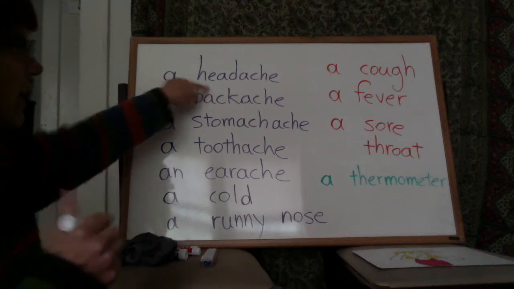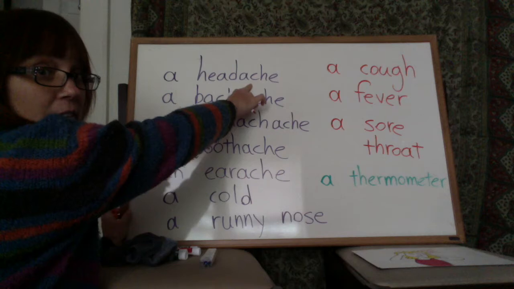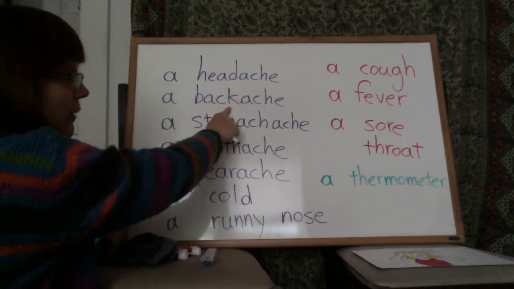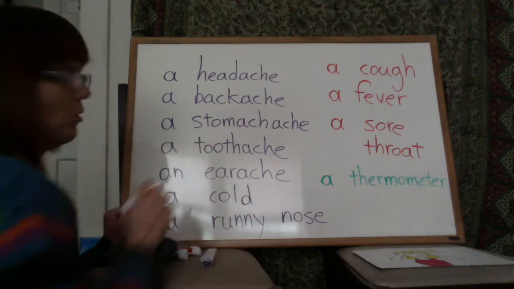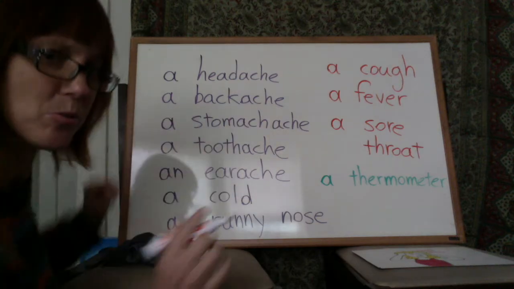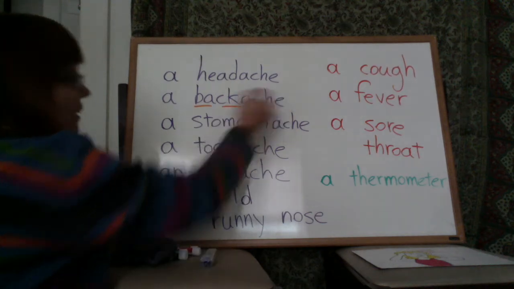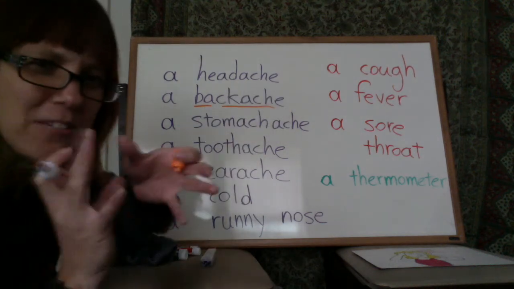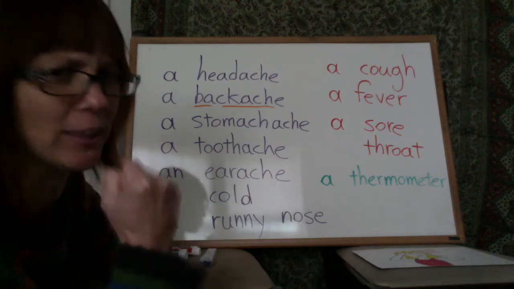This is a lot like headache, where there's head and then ache. This one, back and then ache. But we say it together. So this is cake. So the last part sounds like cake, like a cake that I eat. Chocolate cake.